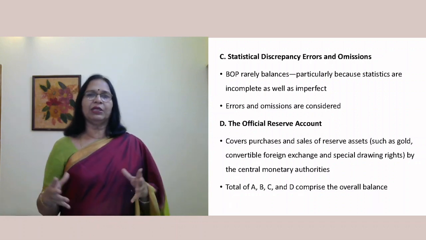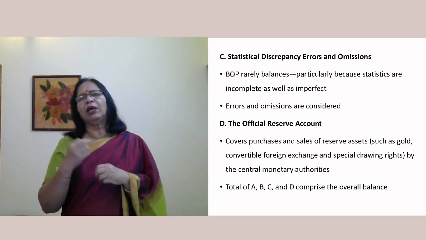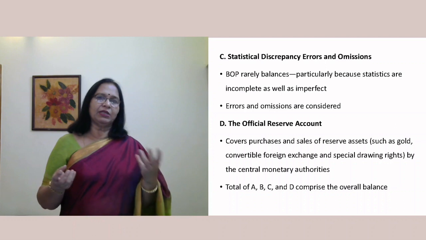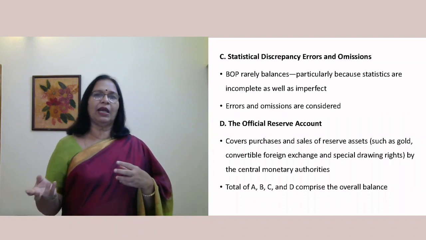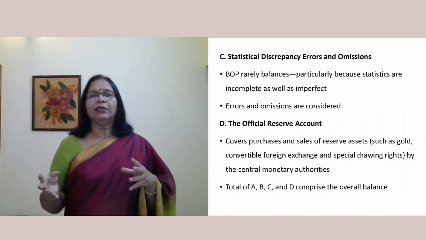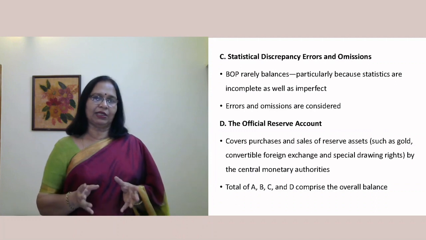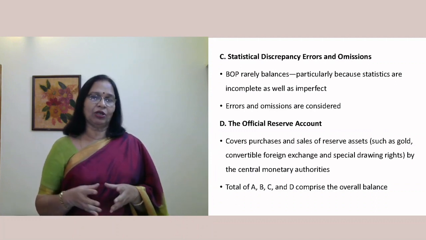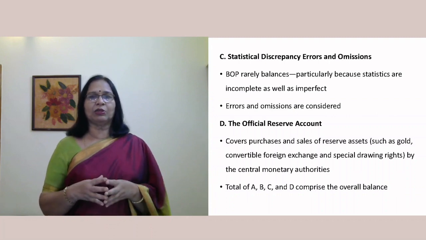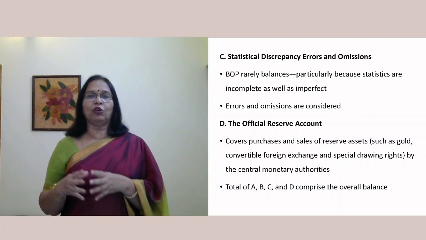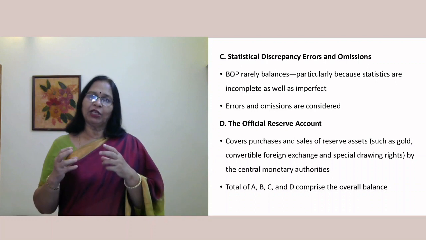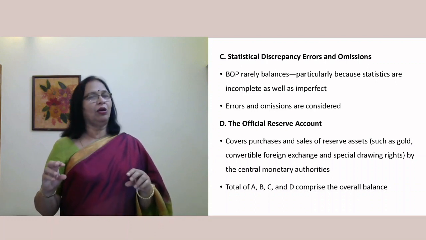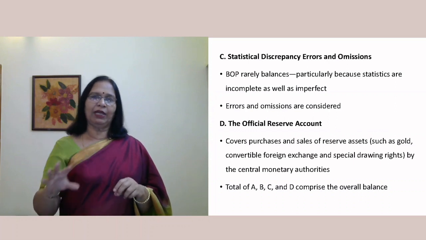This is a huge amount of data collected for a country about all the items that are imported and exported, the remittances inwards and outwards, and the borrowings and lending. There is every possibility that data is not collected correctly, and there could be omissions and errors. So the balance of payment makes an account of these omissions and errors that will be added up later.